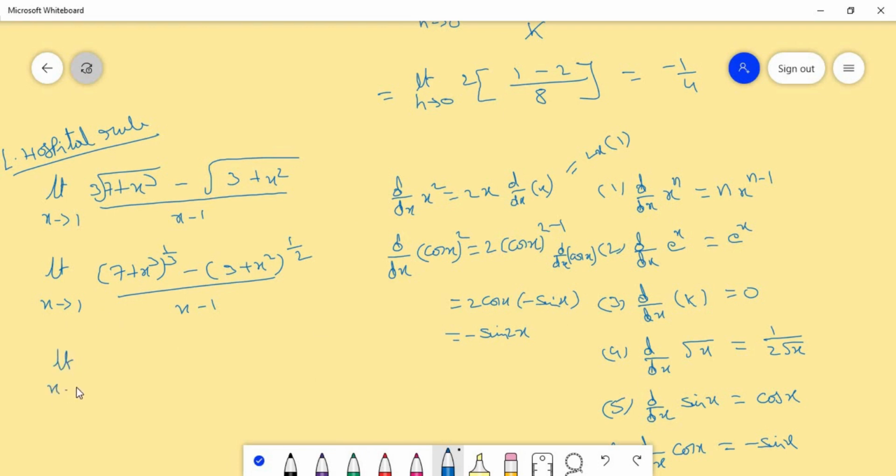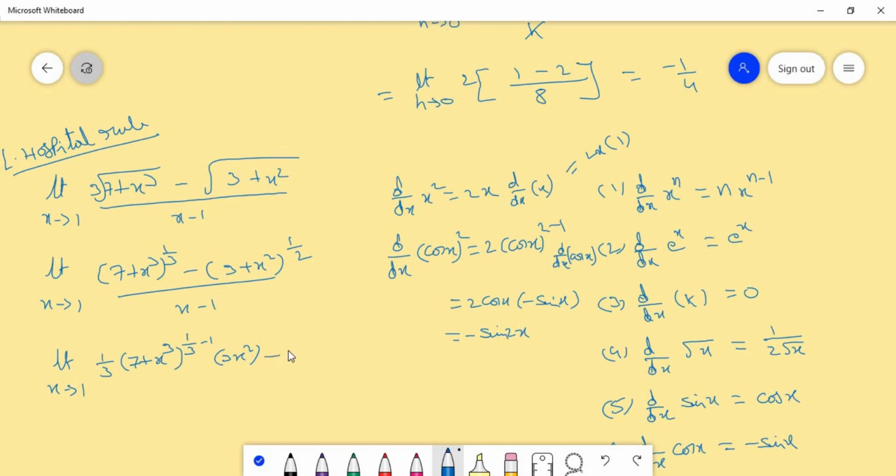Limit x tends to 1, 1 by 3 into 7 plus x cube whole power 1 by 3 minus 1 into x cube derivative is 3x square. Right? 7 derivative is 0.